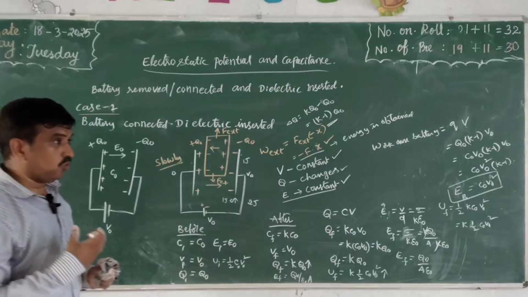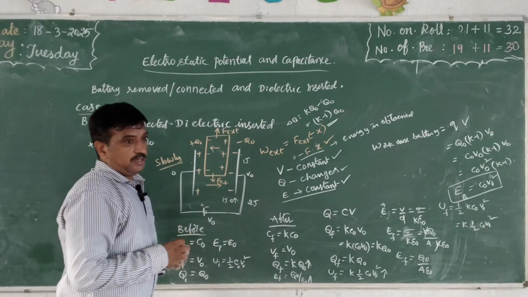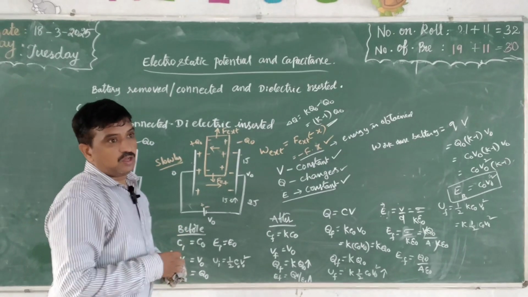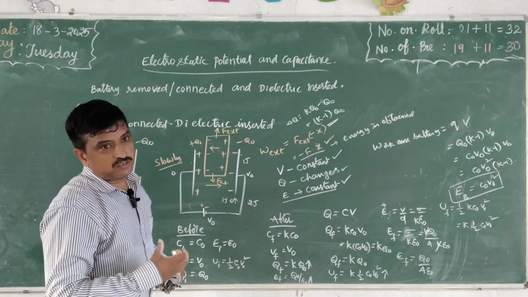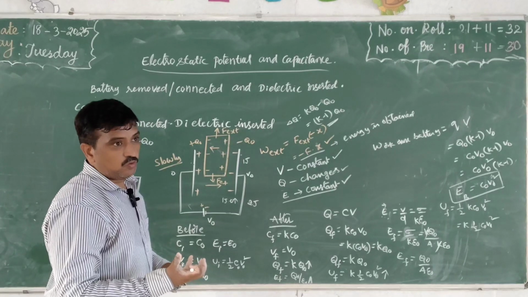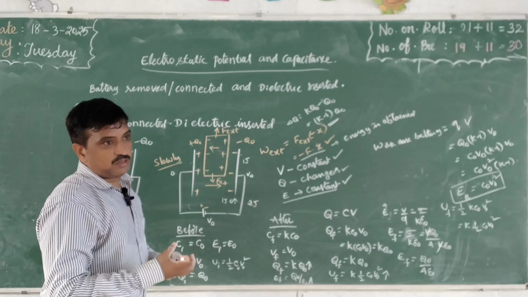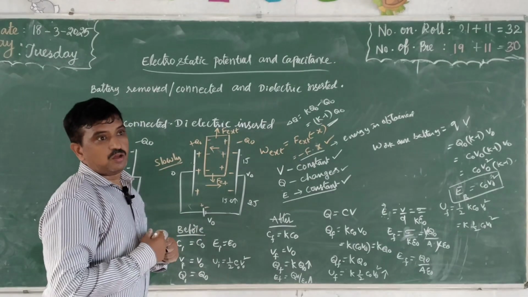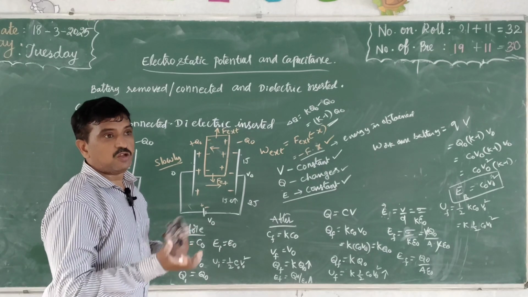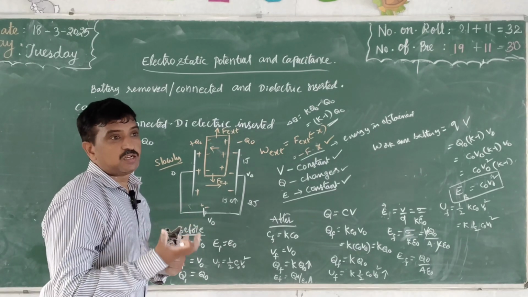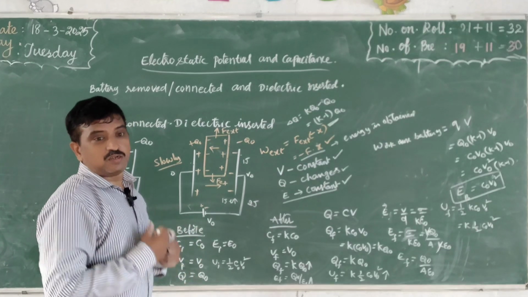How are they asking the question? When battery is connected and dielectric inserted, the energy supplied by the battery is 10 joules. What is the energy gained by external work? Half of the energy, 5 joules. What is the potential energy developed in the capacitor? 5 joules.